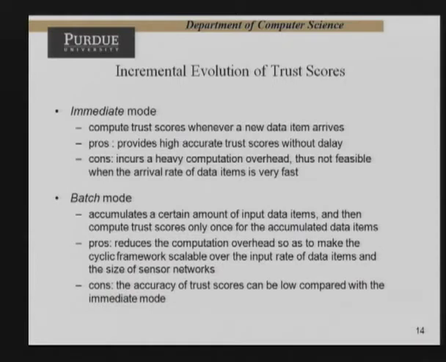Then we actually do not know what happens during the period. Probably some sensors become inaccurate, or some sensors can be attacked within the time period, but the system still uses the previous trust scores, previous conditions.